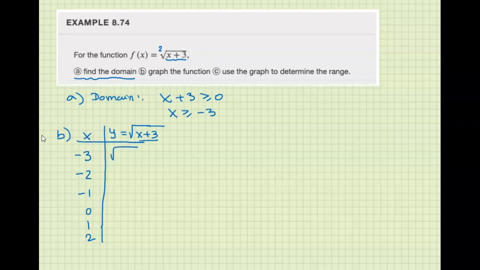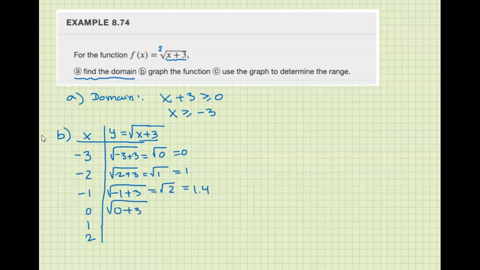So negative 3 plus 3 gives me square root of 0, which is 0. Negative 2 plus 3 gives me square root of 1, which is 1. Negative 1 plus 3 gives me square root of 2, which is approximately 1.4. 0 plus 3 gives square root of 3, which is approximately 1.7. 1 plus 3 gives me square root of 4, which is 2.